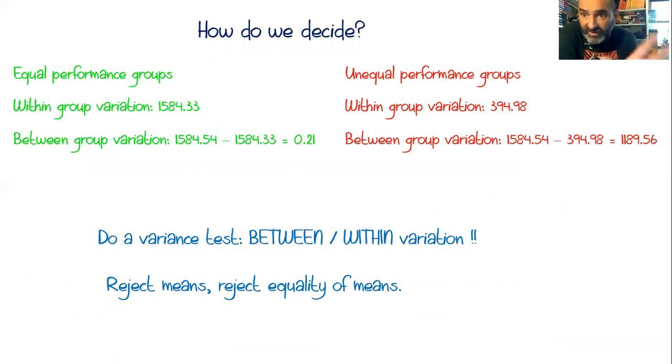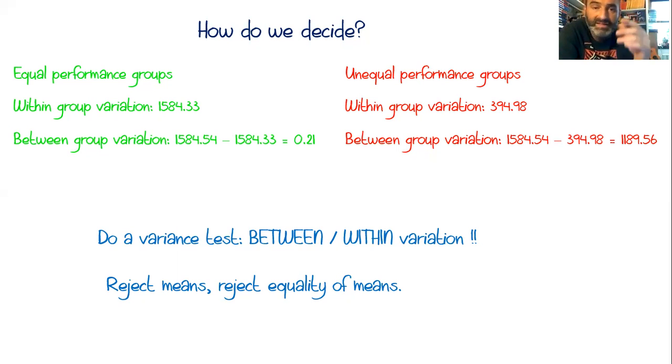Therefore, I will do a variance test between this within group variance and between group variance, but I want to reject when between is large on the right hand side. So it's going to be a variance test that says between variance divided by within variance. Remember, in two sample variance tests, I told you to do the analysis like this. Take the larger variance, put it in the numerator, and always let it be that way.